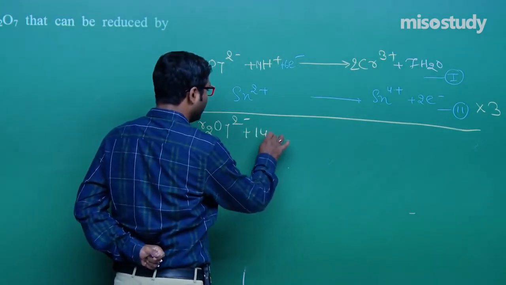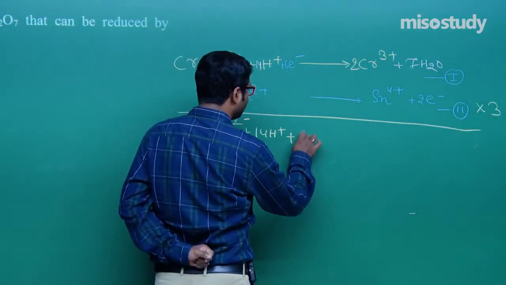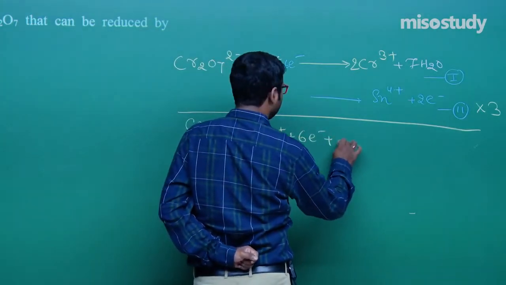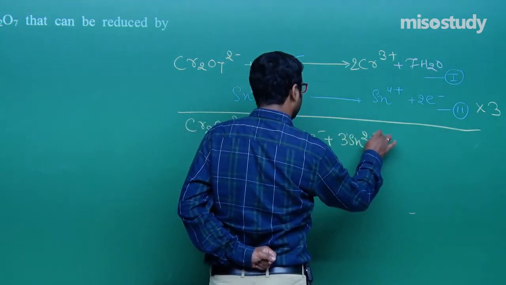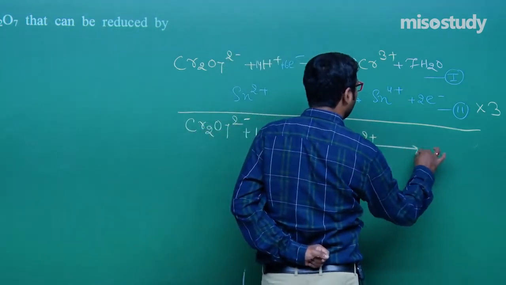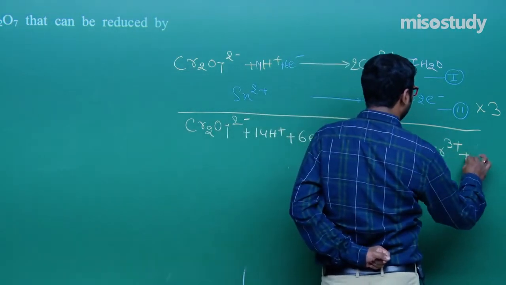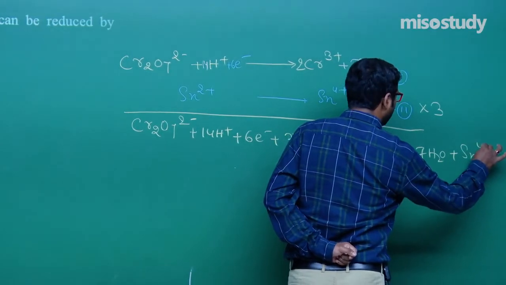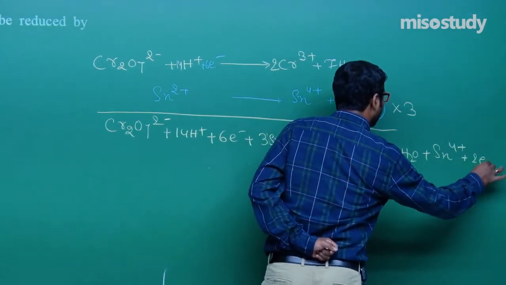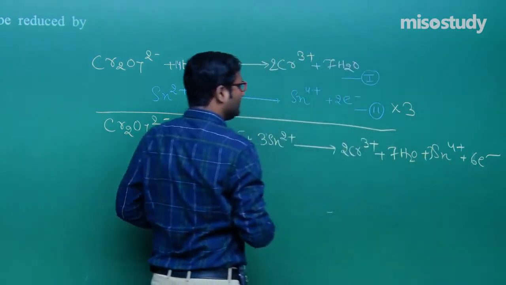Plus 14H+, then 6 electrons, plus 3Sn2+, which gives you 2Cr3+ plus 7H2O. Then Sn4+ and 2 electrons, 3 times 2 is 6 electrons, and then 3Sn4+.